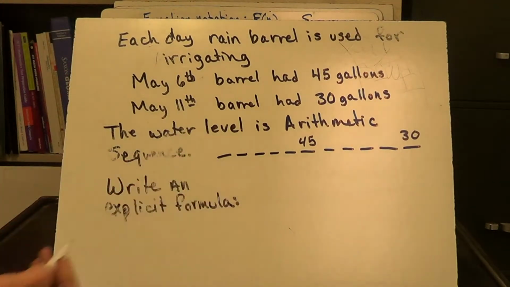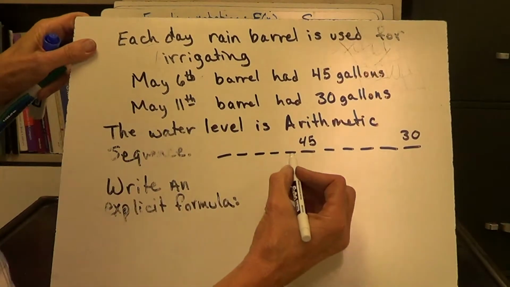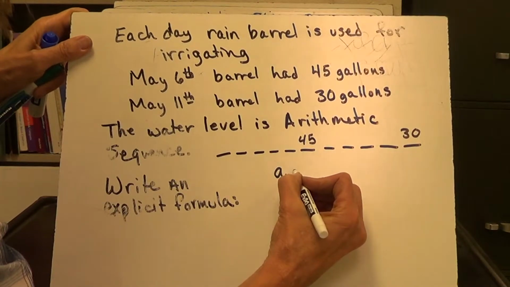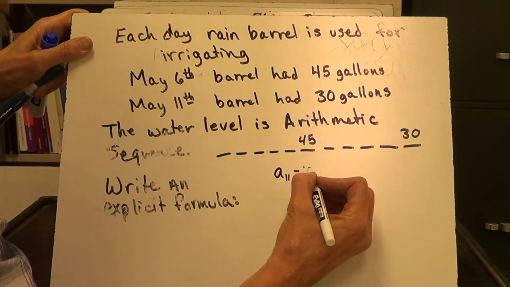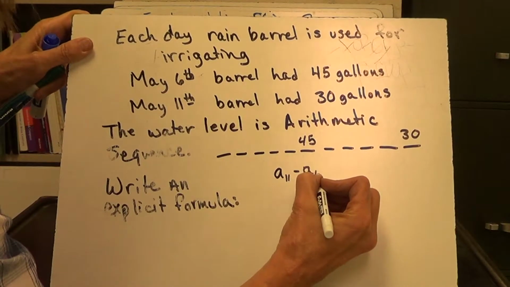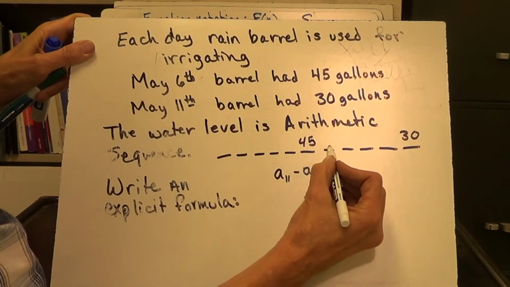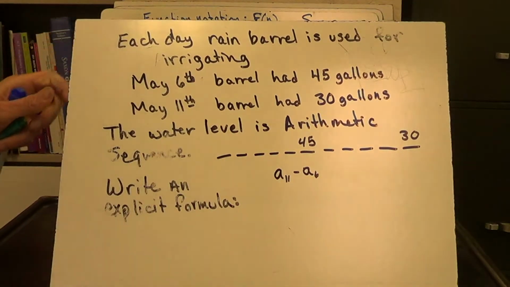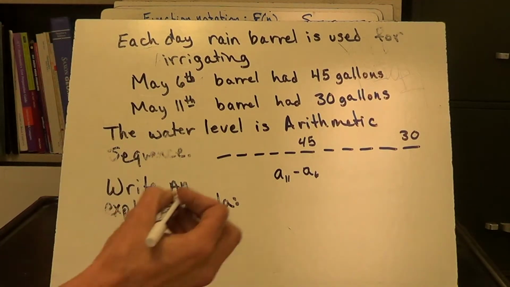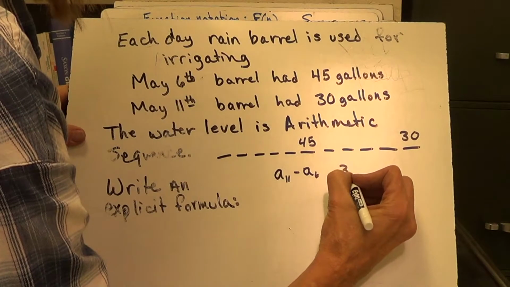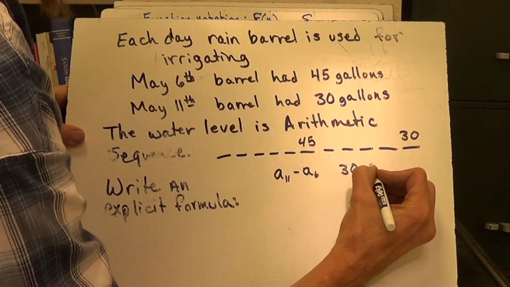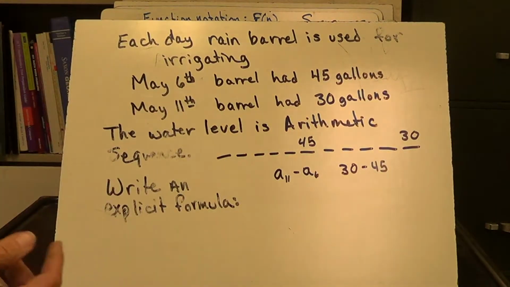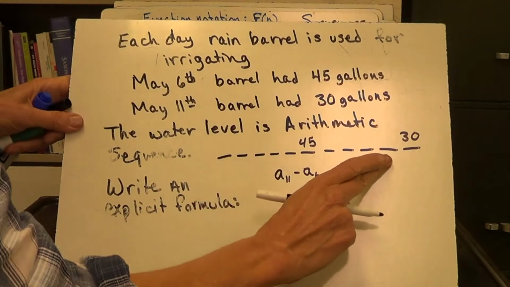Well, we don't have the first term, so the first thing that we're going to look at is we've got the 11th term, and we've got the 6th day. So there are 1, 2, 3, 4, 5 days between them. So we can look at our slope. I probably should have written that the other way.